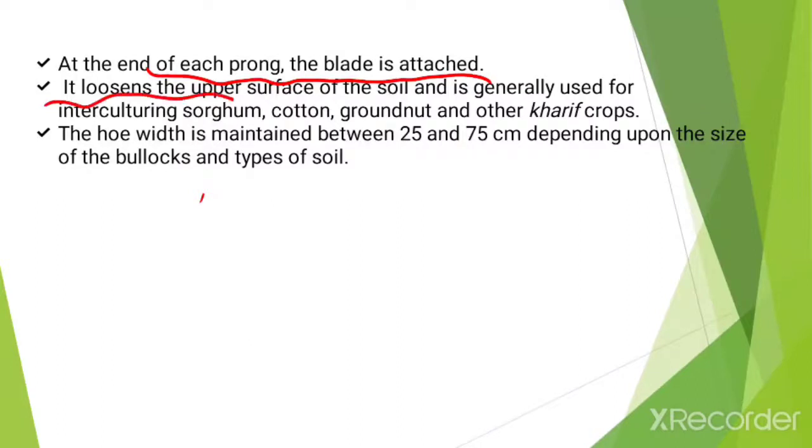It loosens up the upper surface of the soil, and is generally used for interculturing sorghum, cotton, groundnut and other kharif crops. The hoe width is maintained between 25 and 75 centimeter depending upon the size of the bullocks and type of soils.